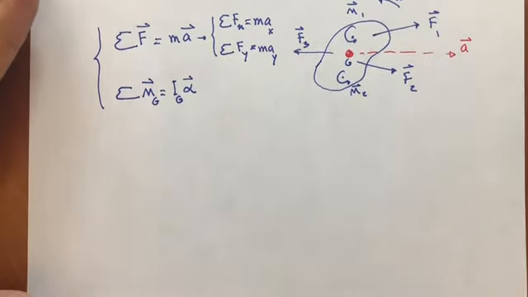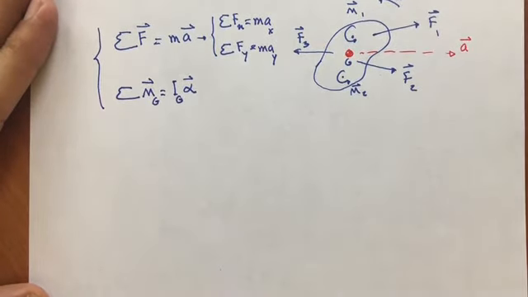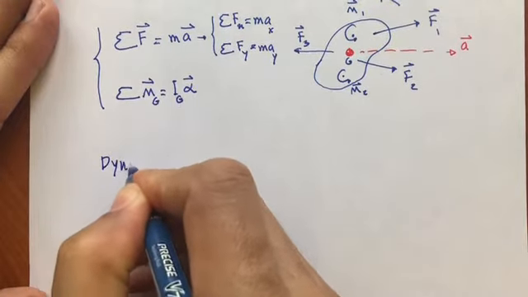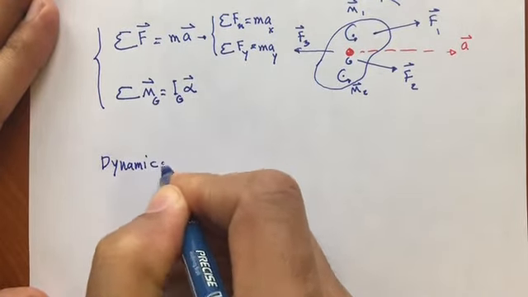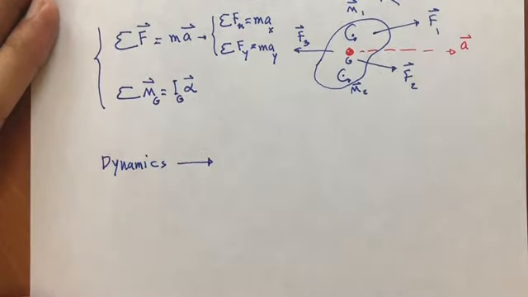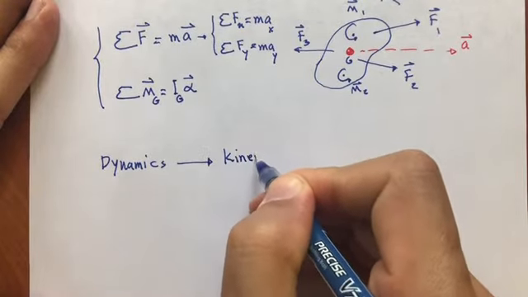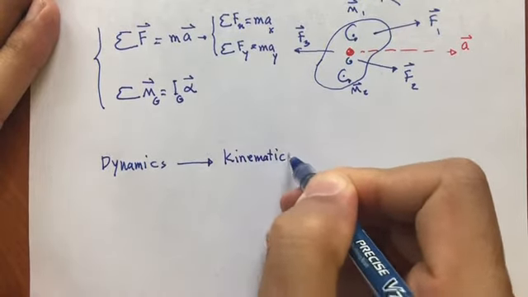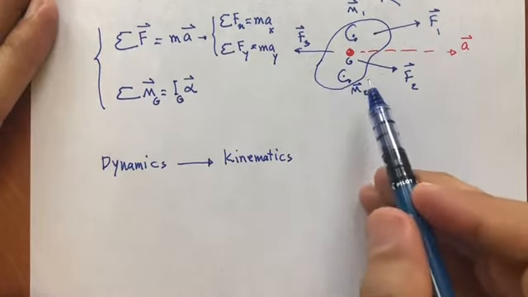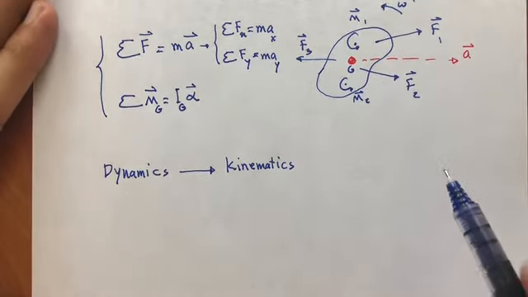In dynamics, sometimes we talk about just kinematics. So you're going to see this all through this course. Sometimes we talk about kinematics, which means we are going to talk about the movement of our masses without considering the forces.